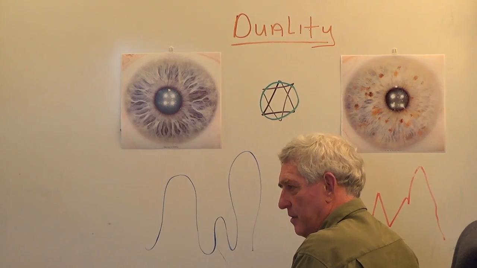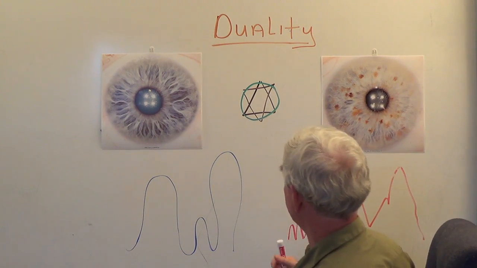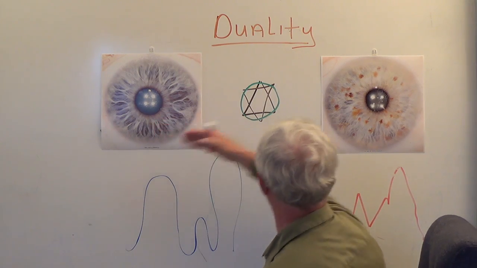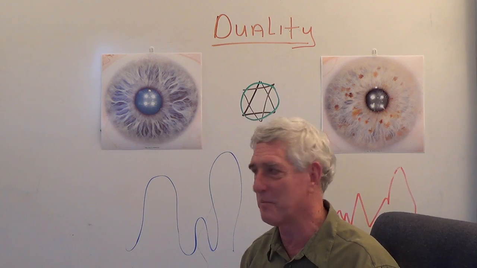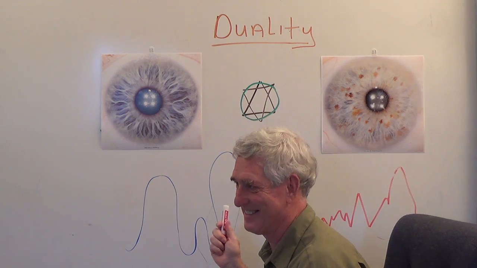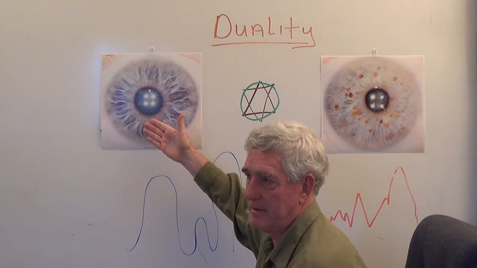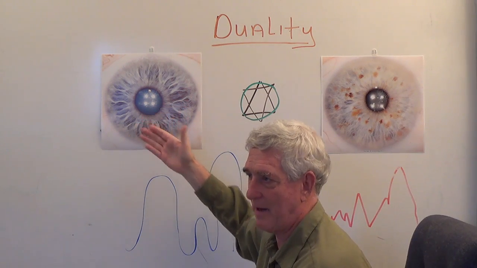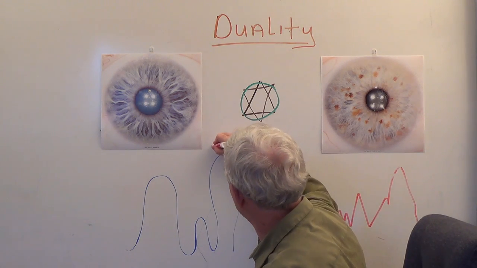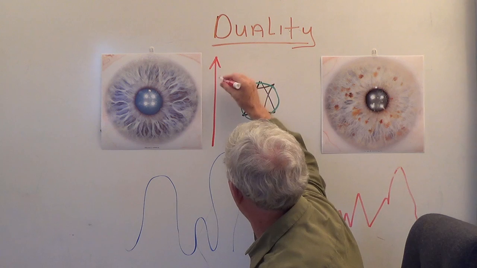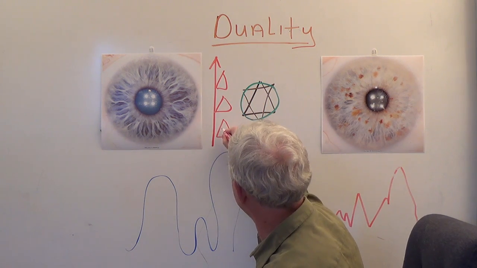Now, what's going to be a little bit challenging for some people is that this pattern and this pattern will be altered by the gender of the person who has this iris. For example, if I'm a man and I have this structural pattern, later I'll explain why, but I'm going to be experiencing what's called the ascending masculine quality of this, which I've oftentimes called 2, 4, and 6.